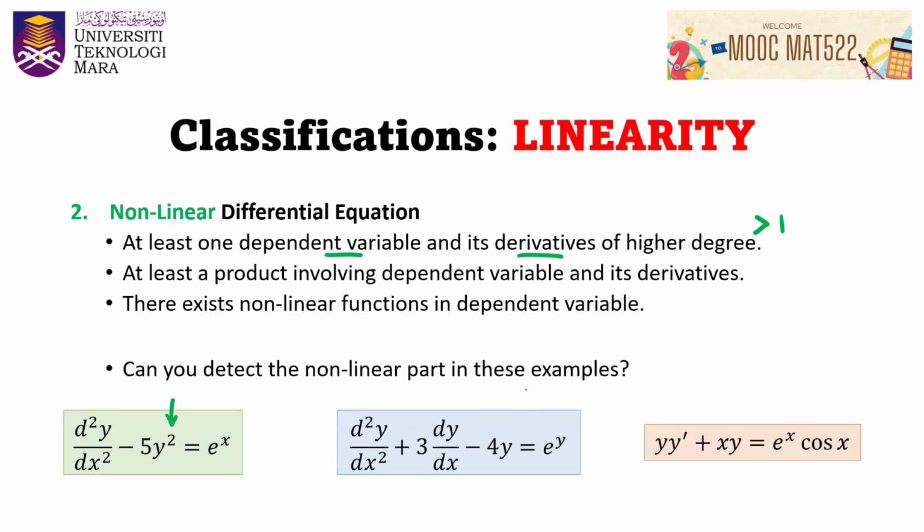For the second example here, if you can detect it, e to the power y, there is a nonlinear function in the dependent variable. Therefore, this differential equation is also nonlinear. Finally, in the third example here, one can easily see that there is a product of y and y prime in this differential equation. Therefore, this is nonlinear.